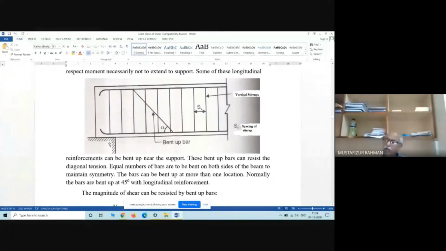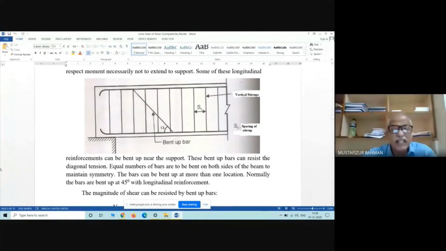Theoretically that situation may arise. But although theoretically we do not require any shear reinforcement, from the construction point of view, we have to provide it. Why? Number one, so this is the beam.